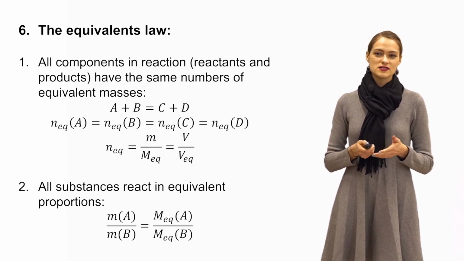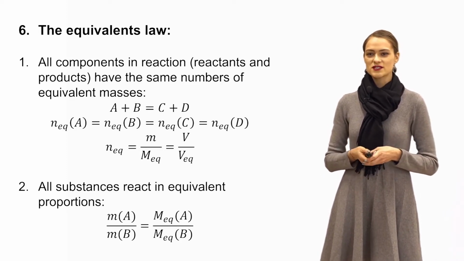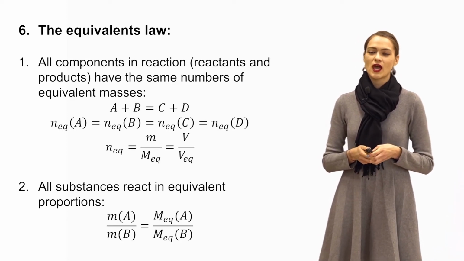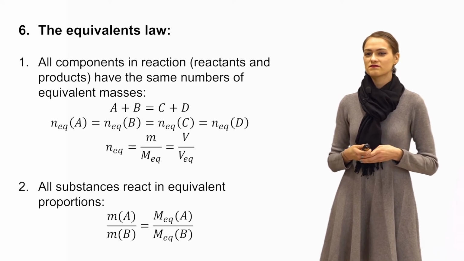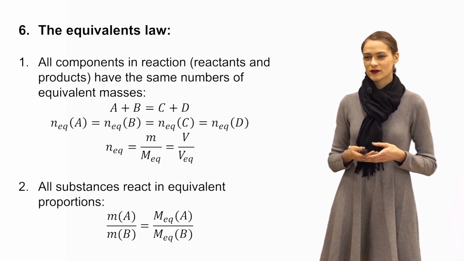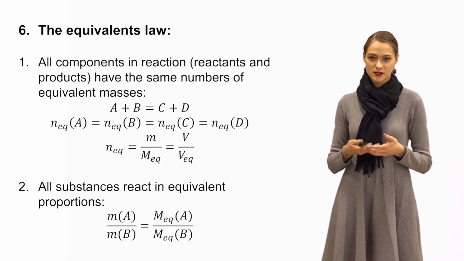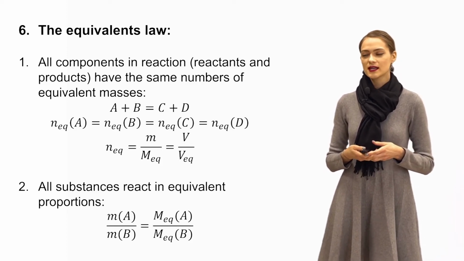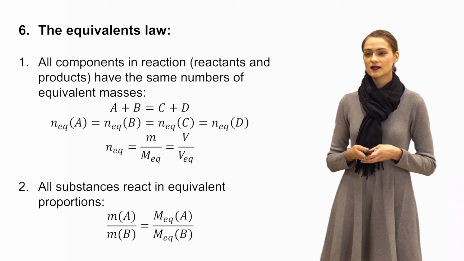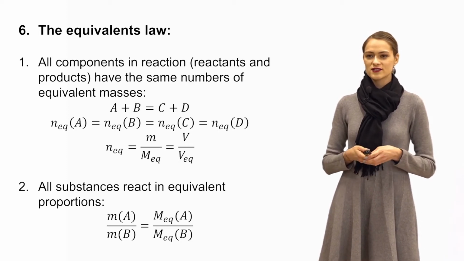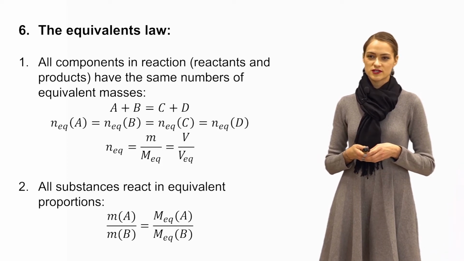And according to this calculation, as you see in the first position, how to calculate numbers of equivalents, we can rewrite this equivalence law. So we can write a second mathematical equation, and we can say that all substances in our reaction react in equivalent proportions.